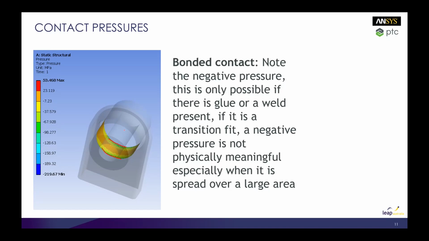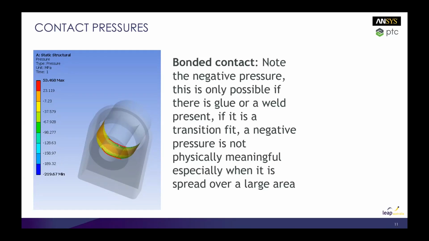If this was just a press fit, a negative pressure isn't realistic. It's not physically meaningful, especially when it's spread over a large area. Where you've got negative contact pressure, the parts want to separate, so by having a bonded contact there, you're stopping that from happening. So although it solves, it's not the correct result.